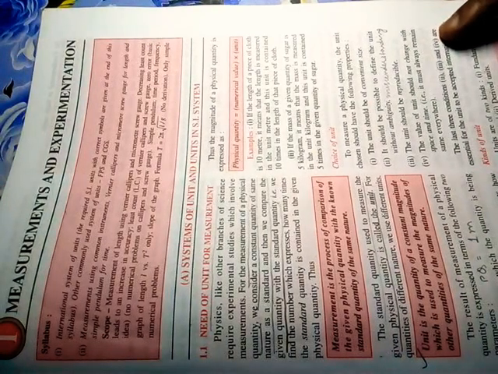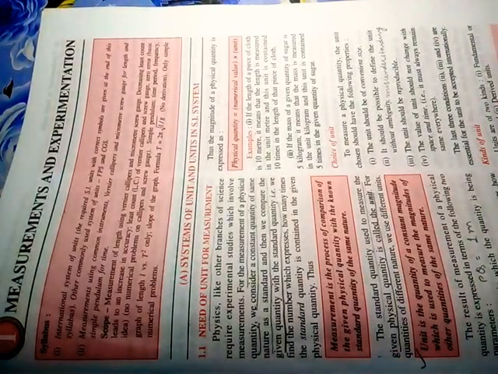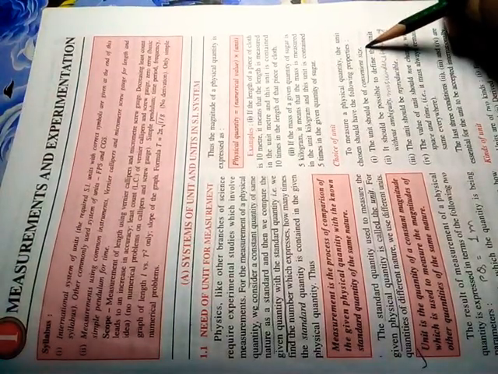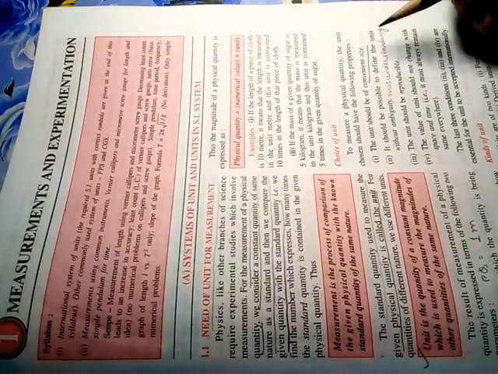Alright. Now since we are studying about units, some important points are there that we must keep in mind. First of all, the unit should be of convenient size. What do you mean by convenient size?